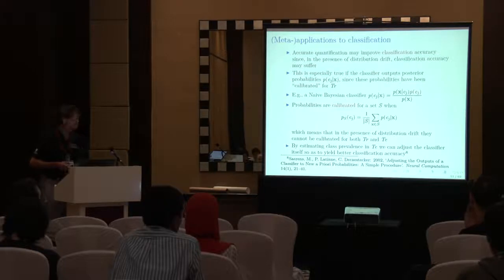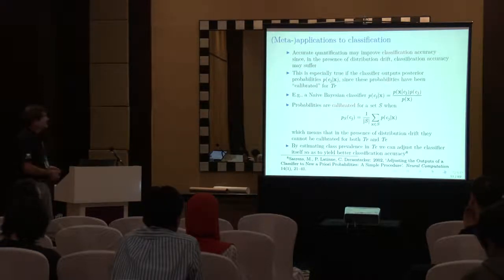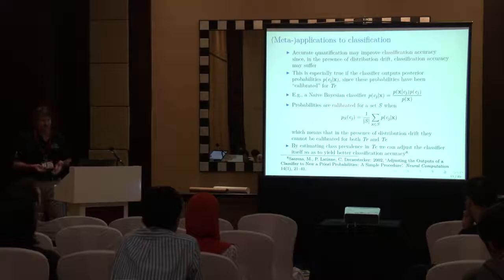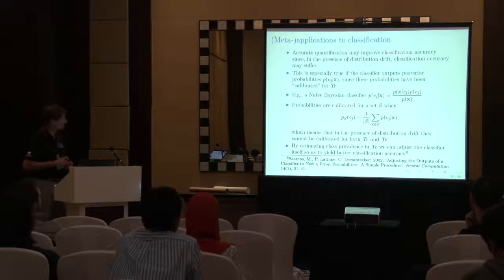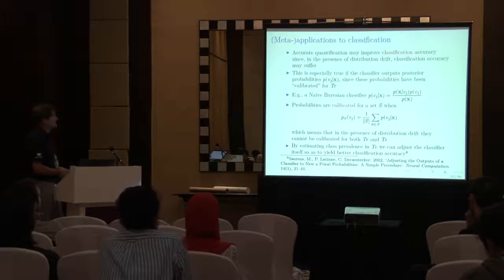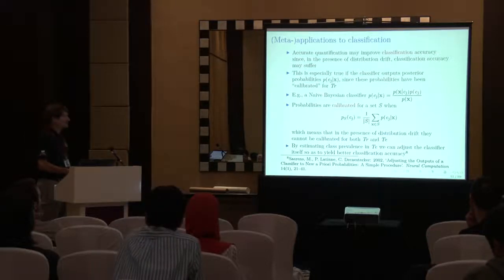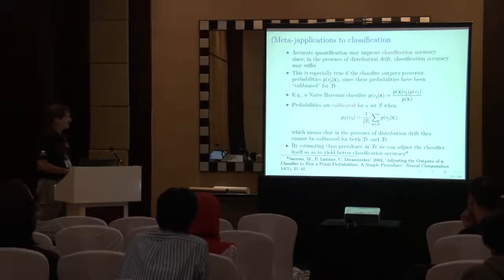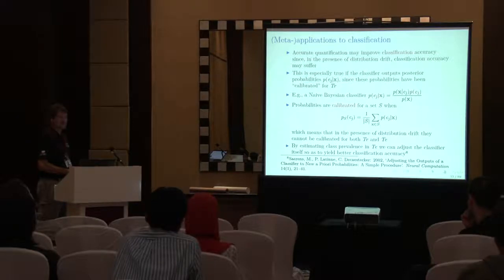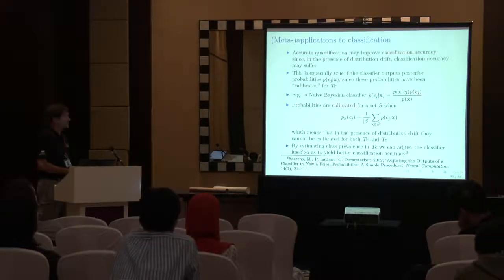This is especially true if the classifier outputs posterior probabilities, and if the classifier picks the correct class by doing an argmax over all the probabilities. This is especially clear for the naive Bayesian classifier, so let's look at the formula. The confidence in the fact that document x belongs to class c_j is also a function of the class prior, the prior probability of c_j.